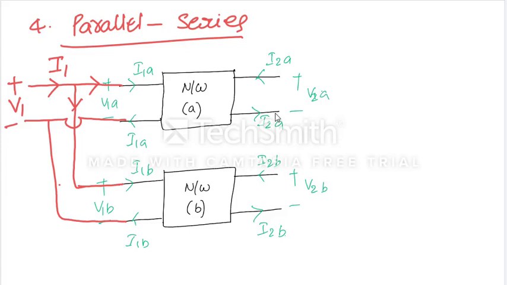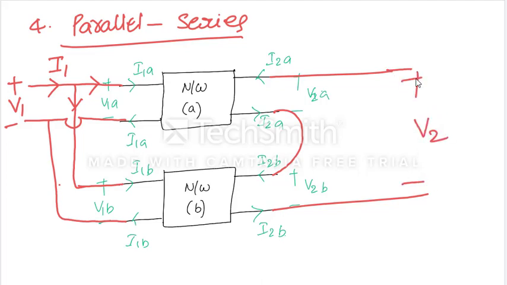Port 2 is series, so I can do the connection like this. This voltage is V2. If I say this is I2, the same current will return, isn't it? So this type of connection is parallel series connection.